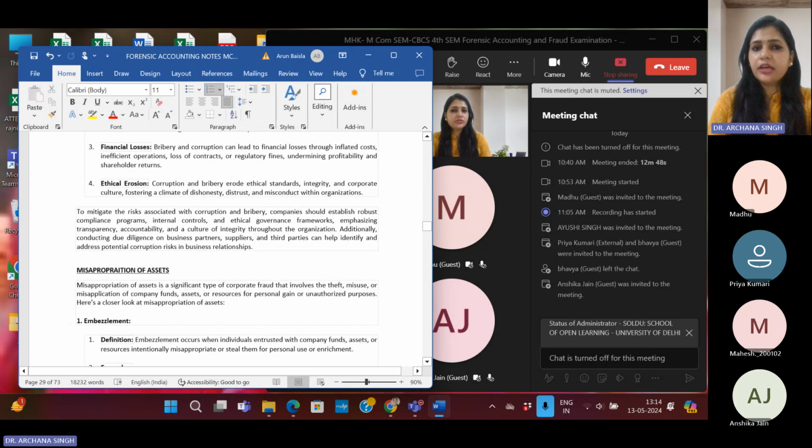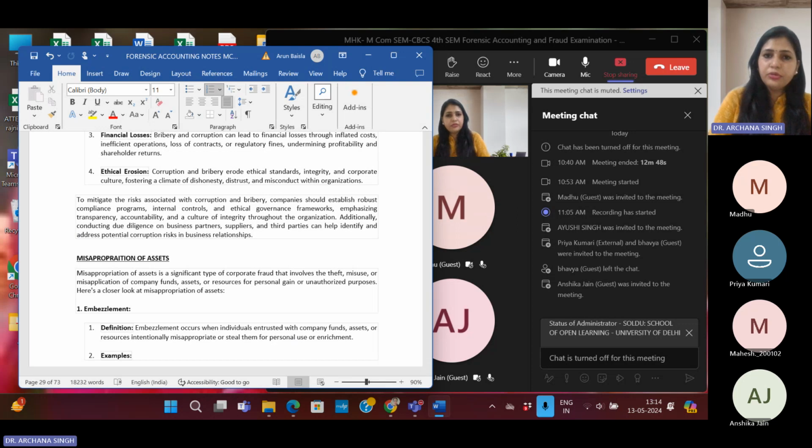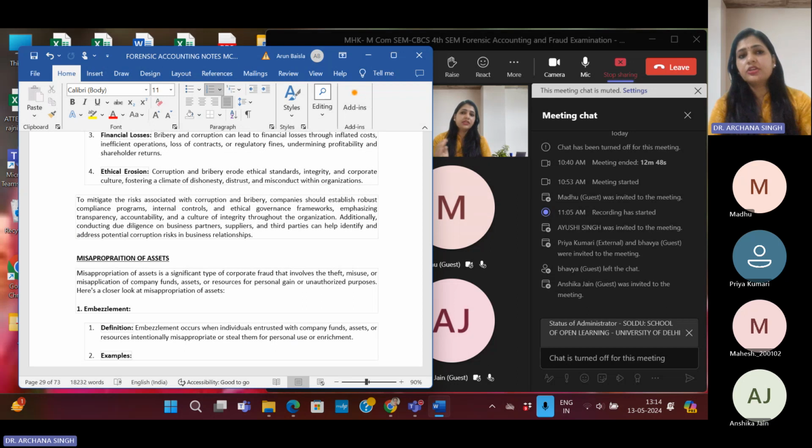Ethical erosion may also happen. Corruption and bribery may erode the ethical standards that have to be followed, erode integrity and corporate culture, fostering a climate of dishonesty, distrust and misconduct within the organization.